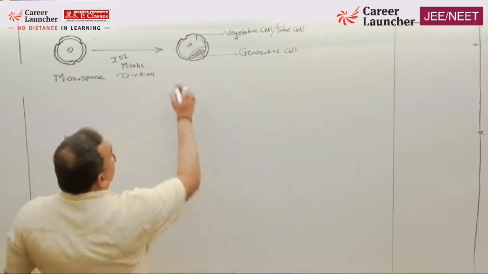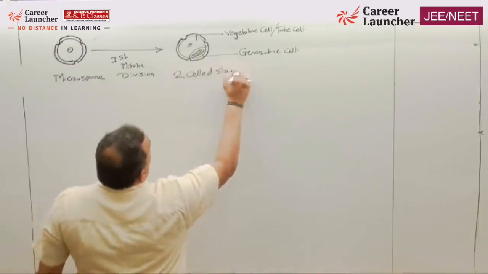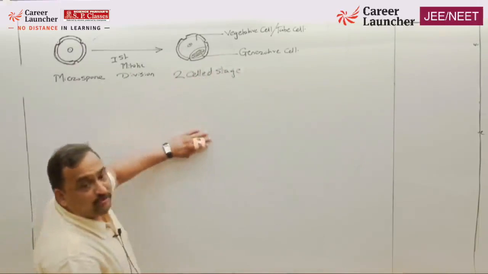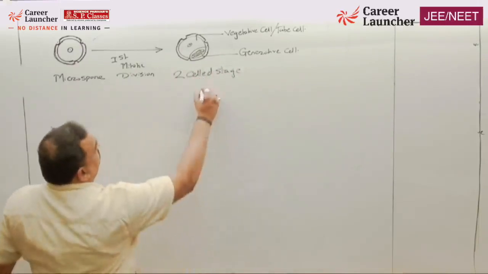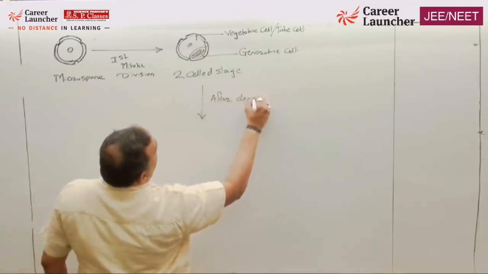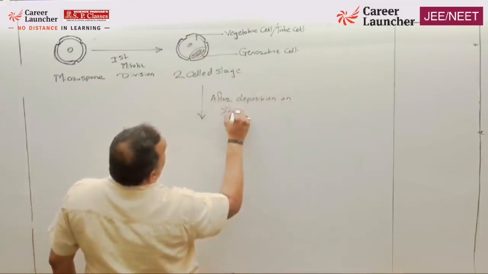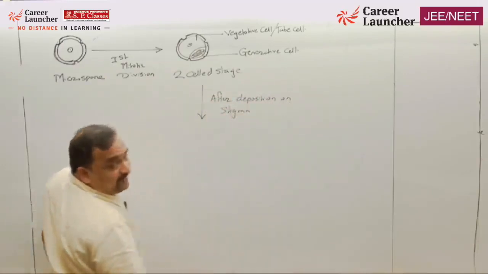Barabar? So this is the two cell stage. As they get liberated onto the stigma, so after deposition on the stigma, appropriate stigma, that too, barabar ki nahi?